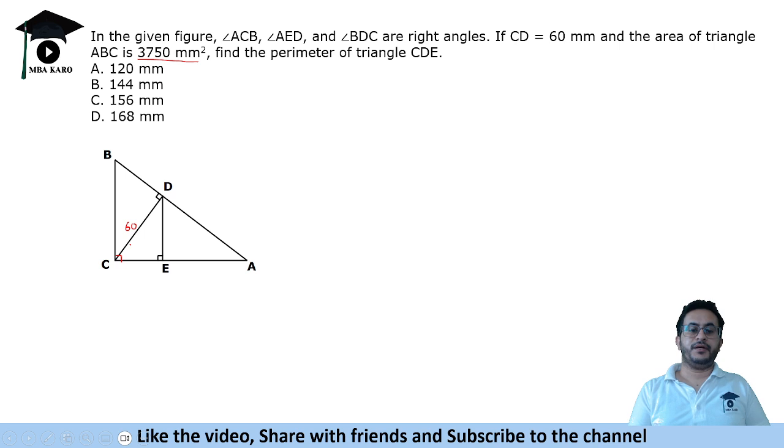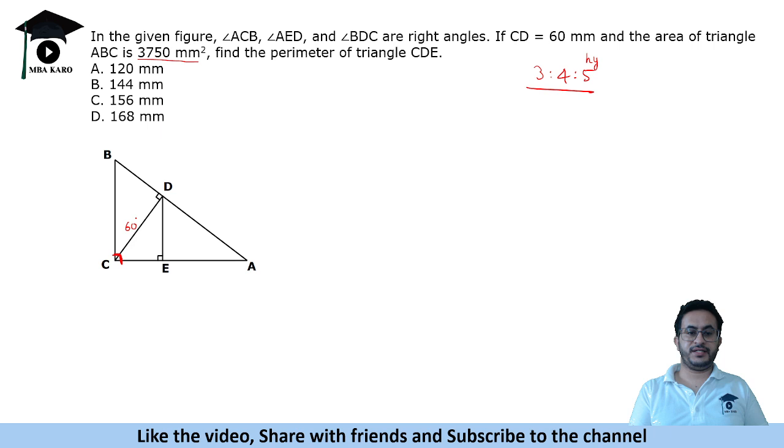Now there is a common Pythagorean triple, that is 3:4:5. 3:4:5 means that this is the hypotenuse and the other two sides are in the ratio 3:4. Now we have this complete triangle.